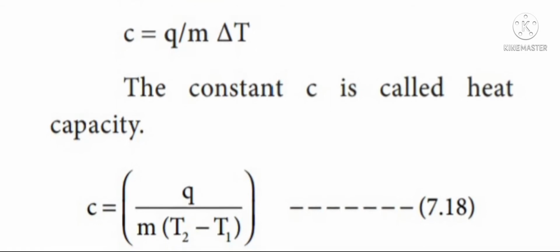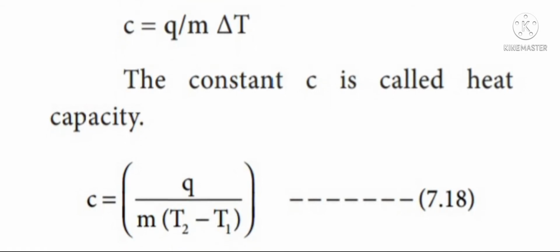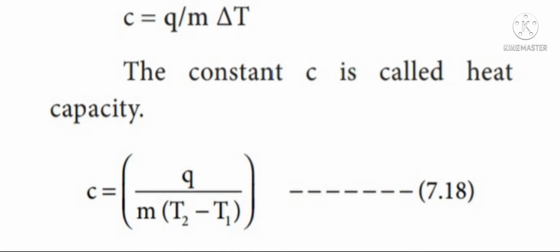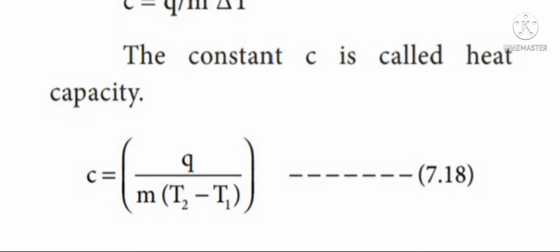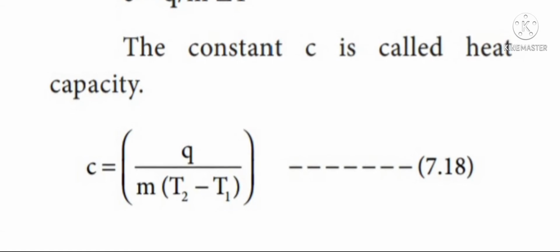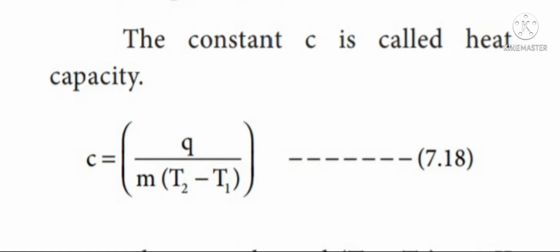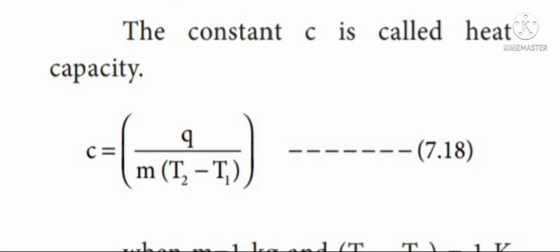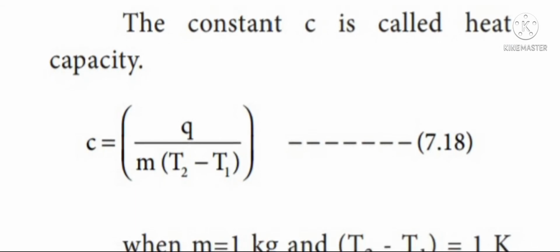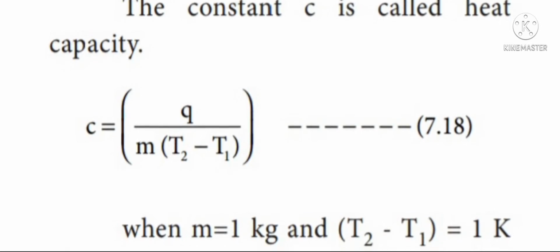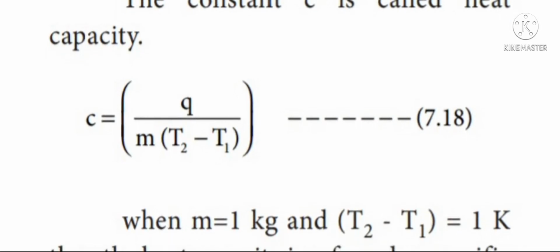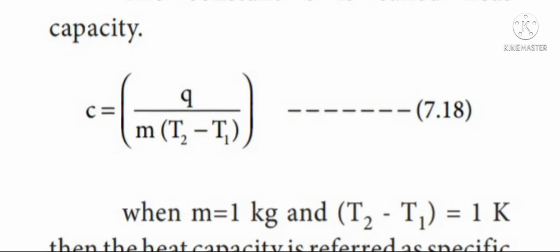Here, delta T is equal to T2 minus T1 or otherwise final temperature minus initial temperature. When mass M equal to 1 kilogram and increase in temperature T2 minus T1 equal to 1 Kelvin, then the heat capacity is referred to as specific heat capacity.